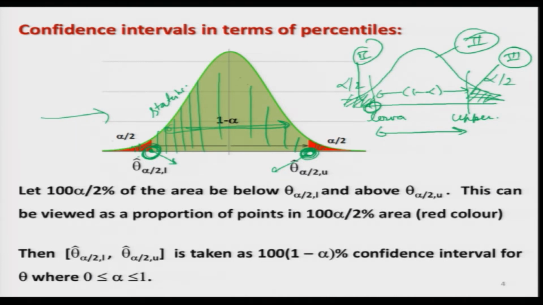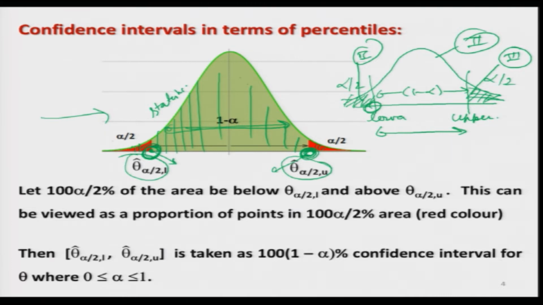If I can find the values of the percentiles, indicated by theta hat alpha by 2 L and theta hat alpha by 2 U, that is the lower and upper limits, then this is going to give us the 100 times 1 minus alpha percent confidence interval.